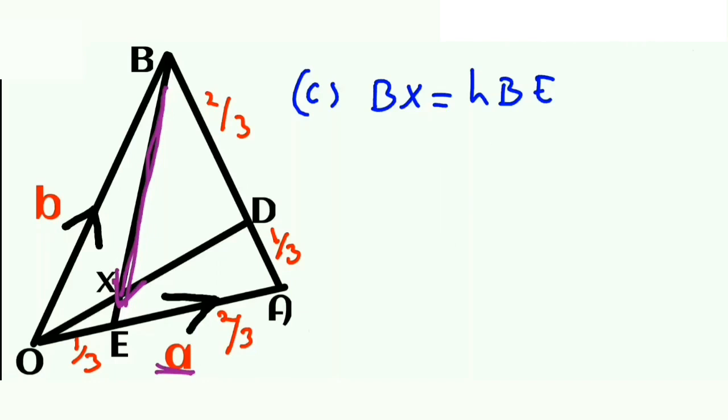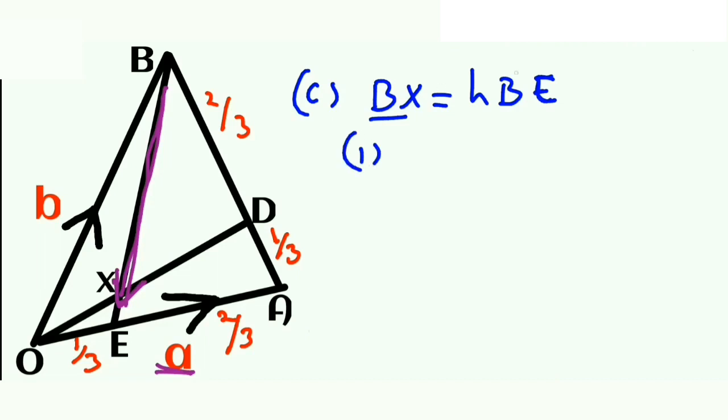Question C. Given that BX equals H BE, express in terms of A, B and H, item 1, BX.